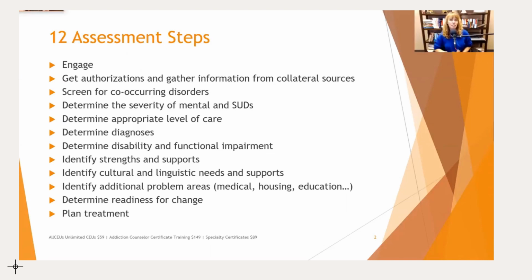Identify their strengths and supports, because we're going to build off of these. What have they done up until now to survive? What things work for them when they're feeling depressed, when they're wanting to use? Identify cultural and linguistic needs and supports. Talk with them about their culture and whether they want to involve any faith healers, or if there are any cultural practices that they think are important to their recovery process.